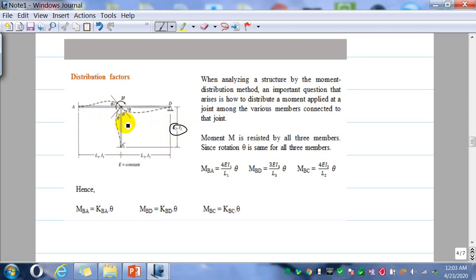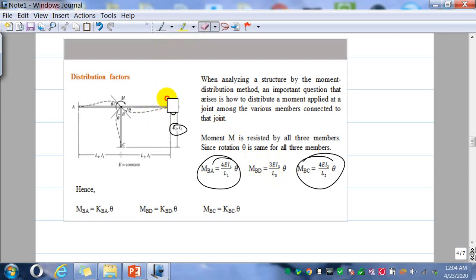That is the contribution of the moment from MBC. Similarly, the contribution from MBA is 4EI1 over L1 into theta. But here the far end is a pin joint, so the moment M is 3EI3 over L3 into theta. So it's in the ratio of the stiffness.